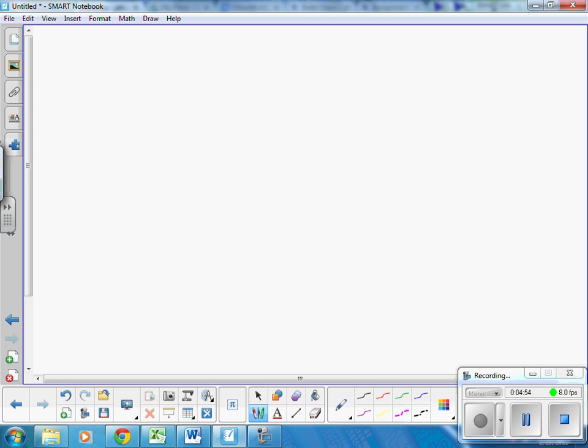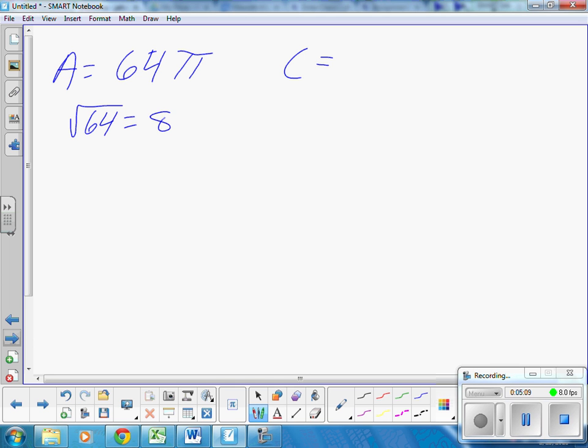Next one, area is equal to 64 pi, and they want us to figure out what the circumference is. Again, the square root of 64 is 8, so I know that's r. My 8 is equal to r. I want the circumference. To find the circumference, that's equal to pi d.